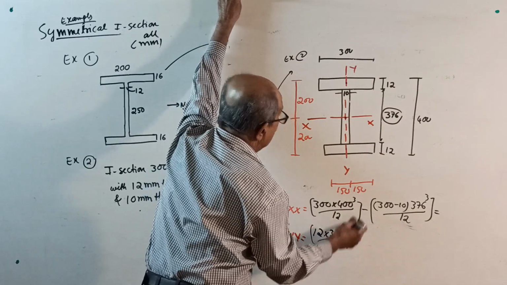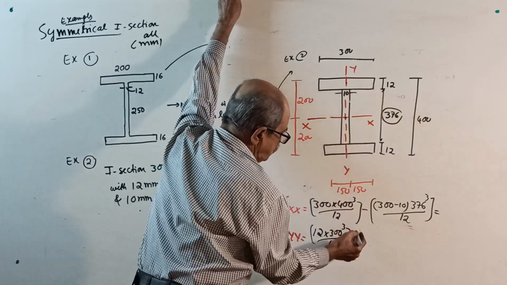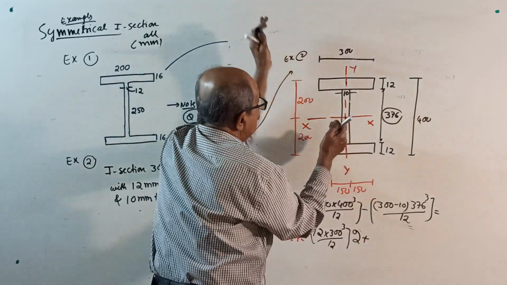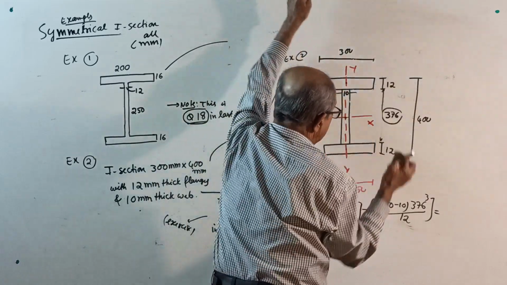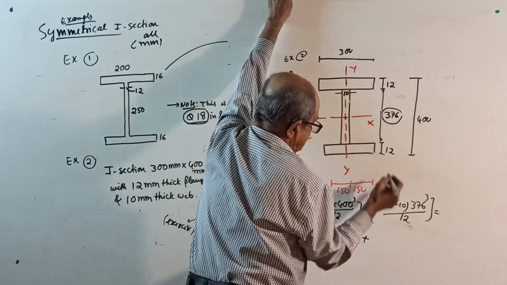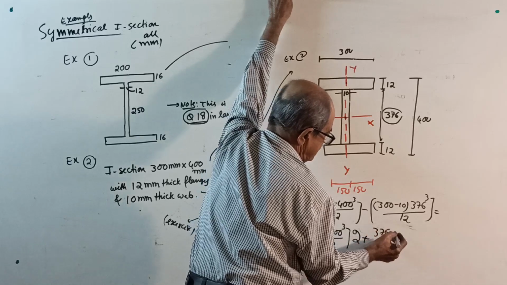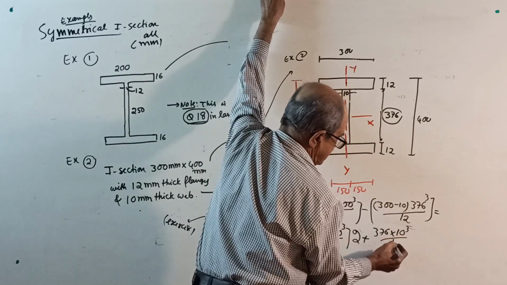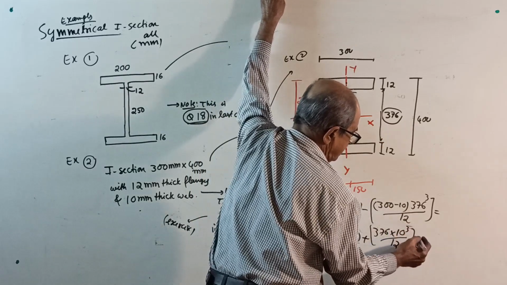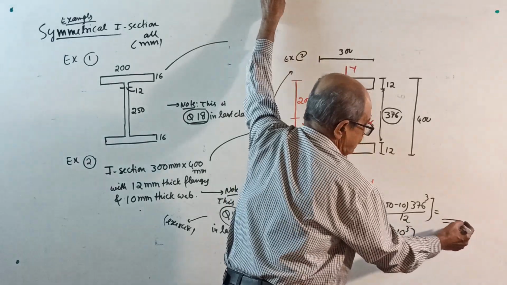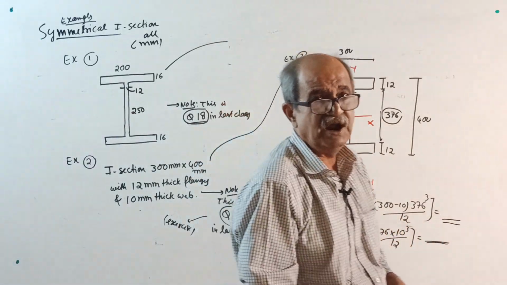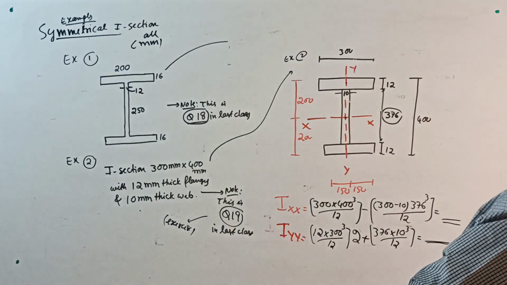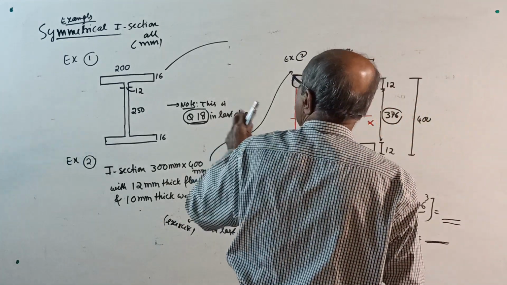That is I for this rectangle, into 2, plus for this rectangle 376 into 10 cube by 12. That's all. Calculate the answer. Actually, last time I gave the answer by shortcut only. Calculate. This will complete it for a symmetrical I section.